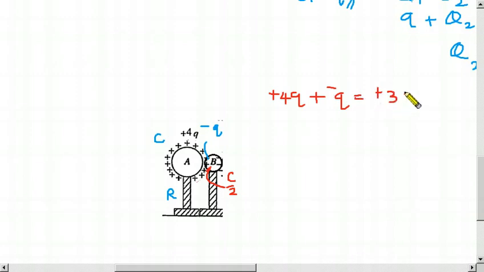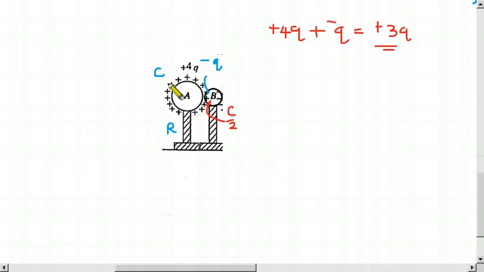Plus 3q, because 1q is neutralized by this minus q from this positive 4q. So the remaining net charge is positive 3q.